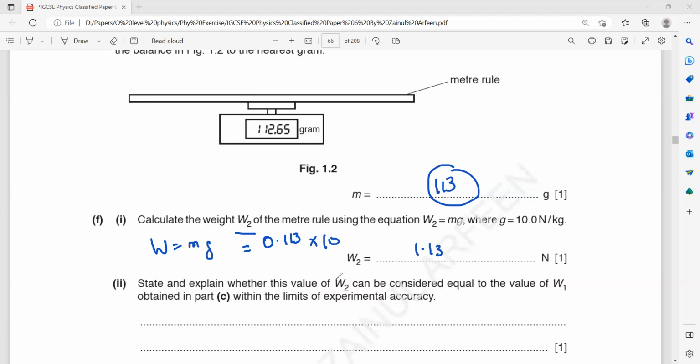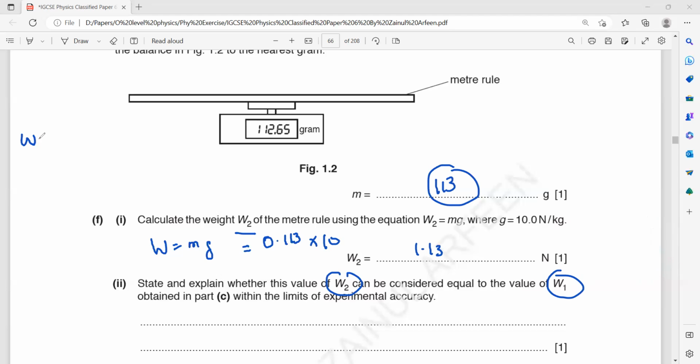State whether the value of W2 can be considered as W1. What was the value for W1 for us? W1 was 1.4 and W2 is 1.13. Even while looking at this, I can clearly tell they are not equal.